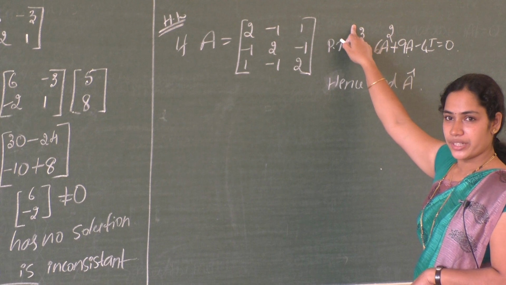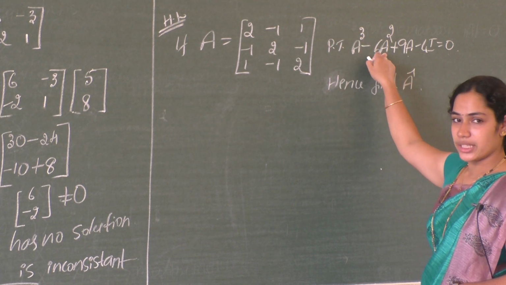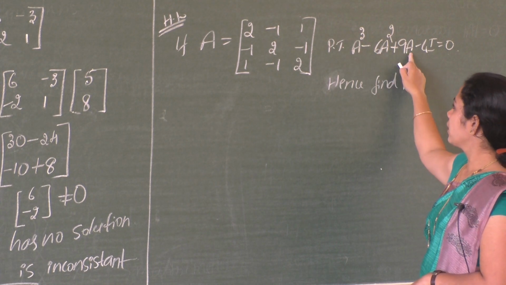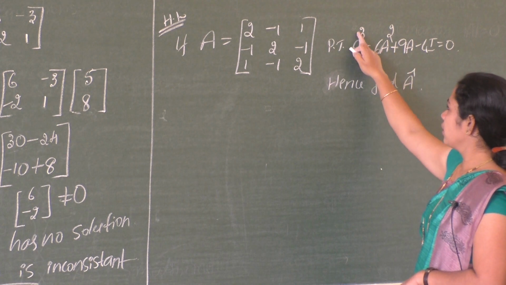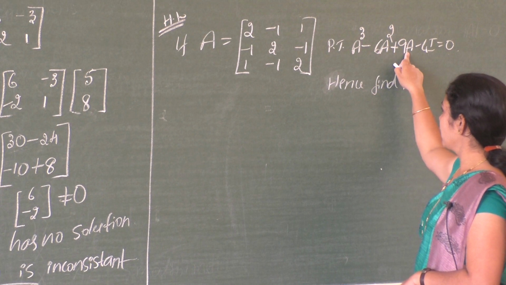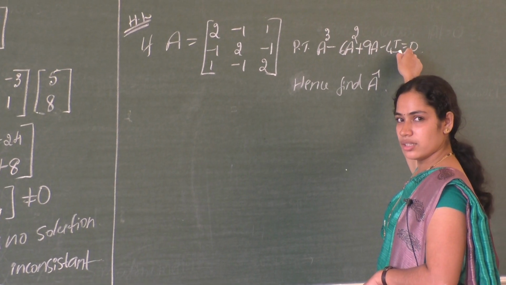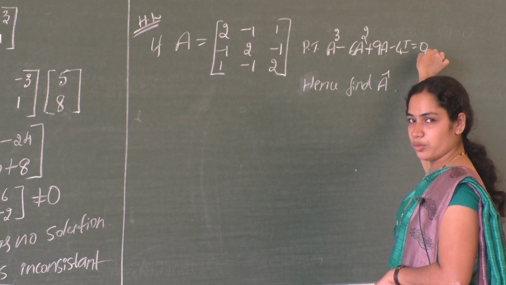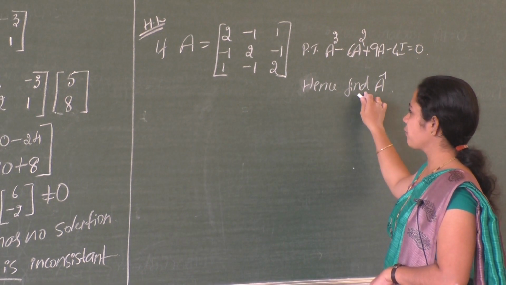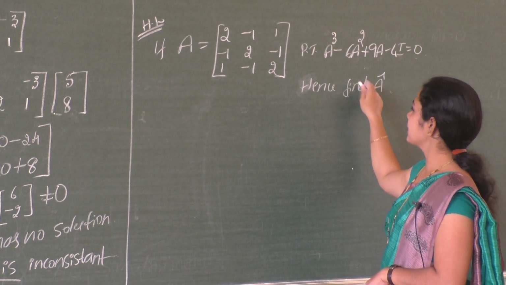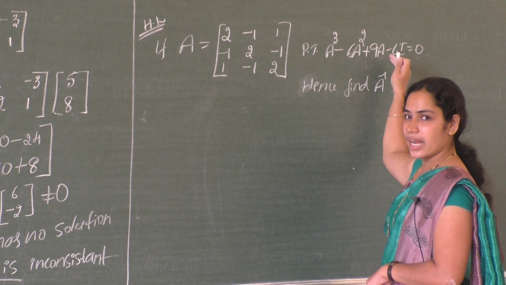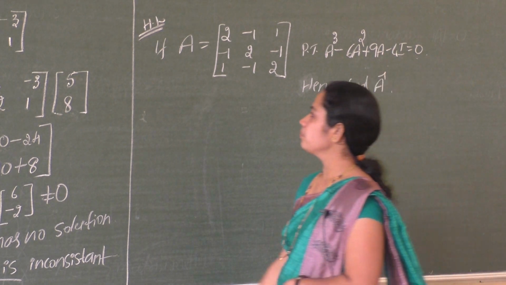A cube we need to find out, A square we need to find out, then 9A, A cube, 6A square, 9A, 4I, substitute here, and we will get 0. Then hence find A inverse, that means multiply by A inverse and then solve.